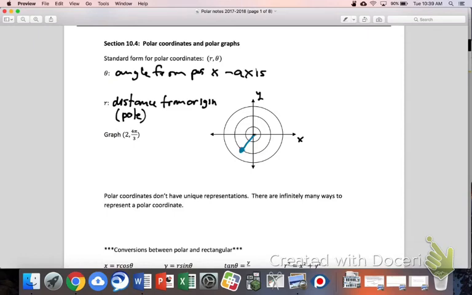You could have a bunch of negatives. Like you could have negative 3 comma negative pi over 6. Polar coordinates, right? So negative pi over 6 for an angle means we're actually going to turn clockwise. So we would start off facing 0, and I'm going to turn negative pi over 6. That's not very big of an angle. It's right about there. So at this point, from the origin, I'm pointed in that direction.